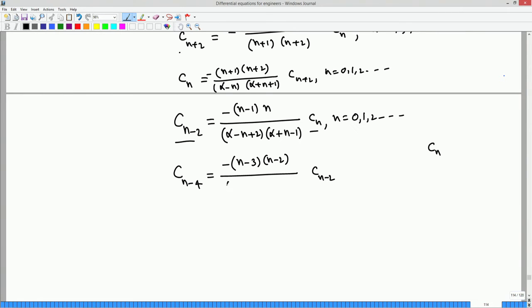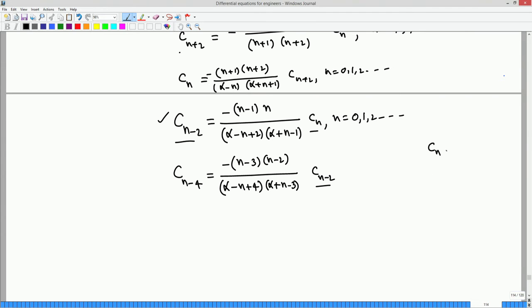This is going to be alpha minus n minus 2, okay, alpha minus n plus 4, and this is going to be alpha plus n minus 4, n minus 4 is n minus 3. So, like this you can go on, you already know Cn minus 2 from the earlier expression that you can put in.